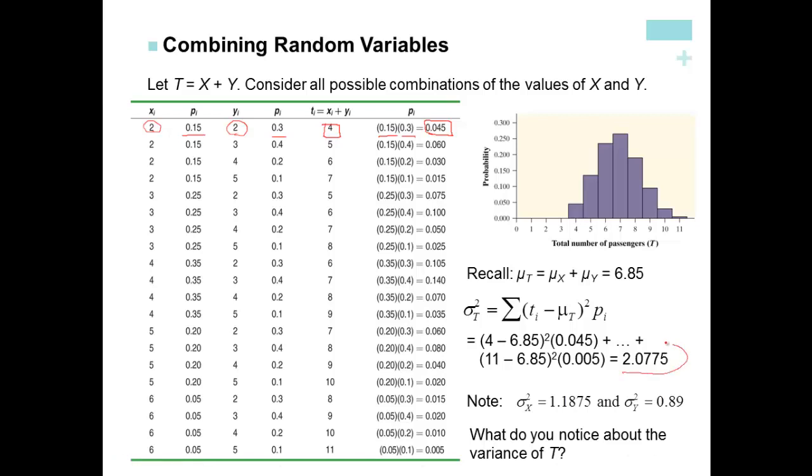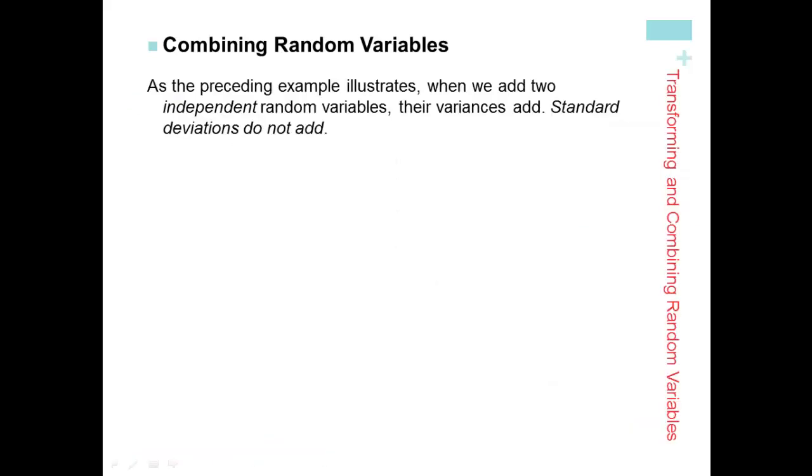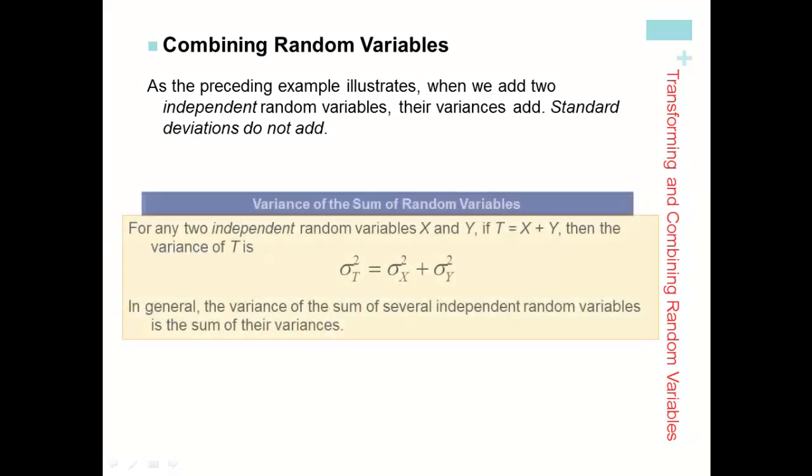Hopefully you can see that the variance of T is equal to the sum of the variances from Pete's and from Erin's. As the preceding example illustrates, when we add two independent random variables, their variances add together. Standard deviations do not add. To find standard deviations, you must do the calculations from the variances.